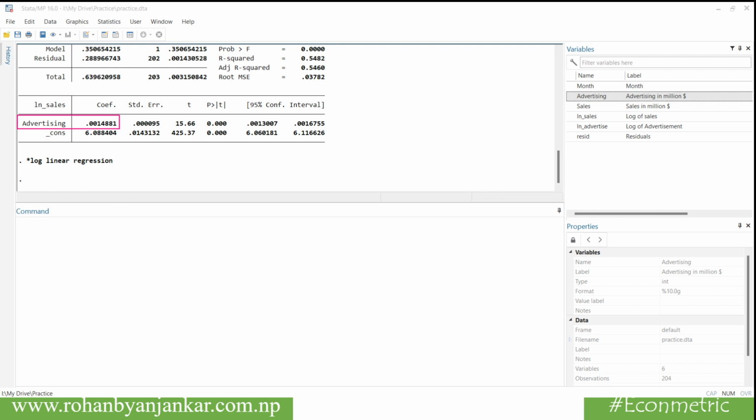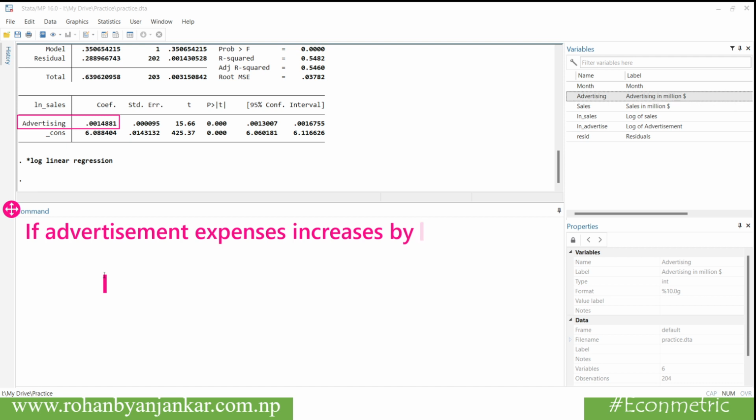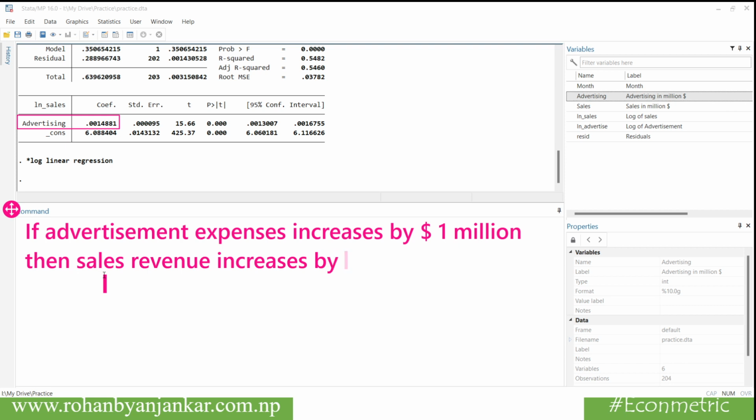It means that if advertisement expenses increase by $1 million, then sales revenue increases by 0.14%.